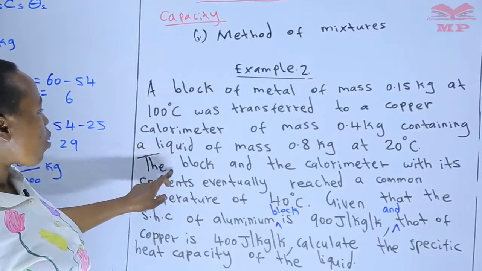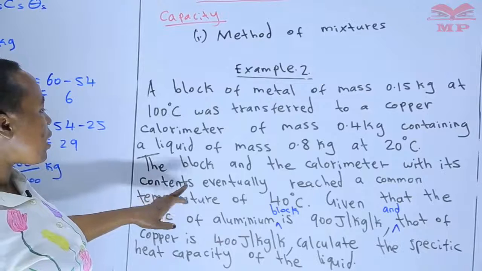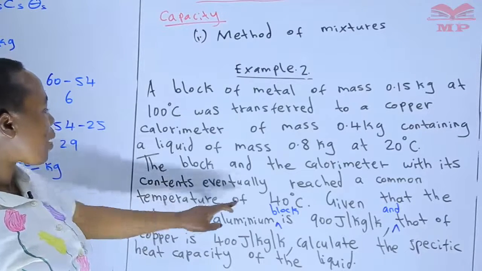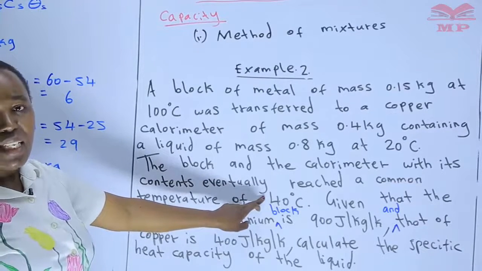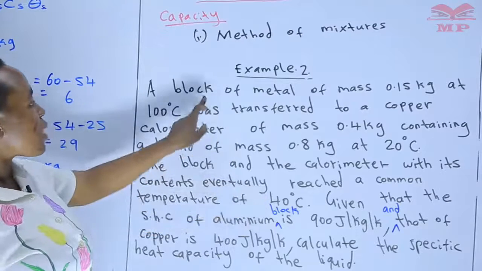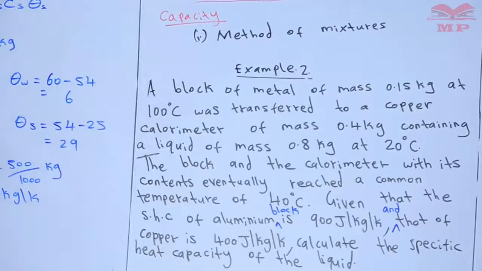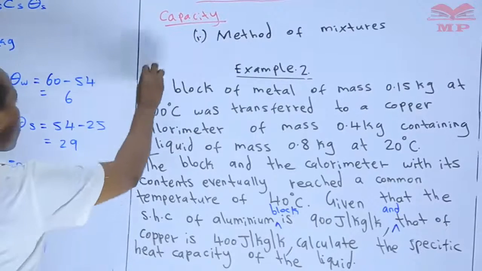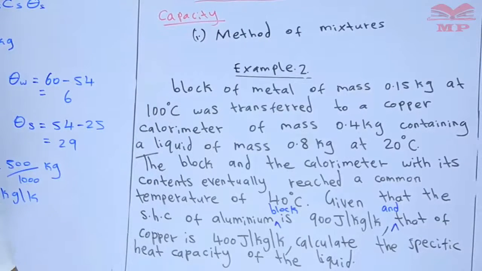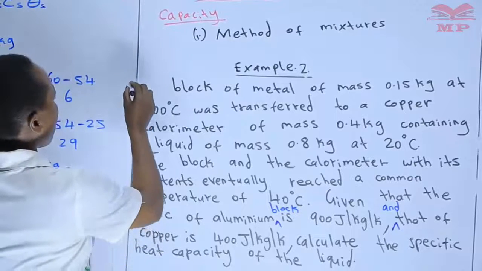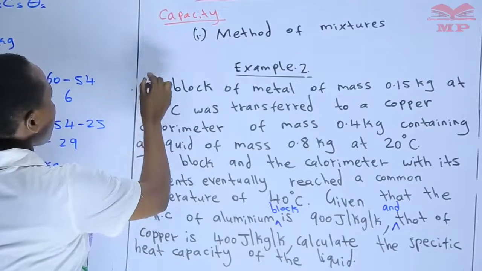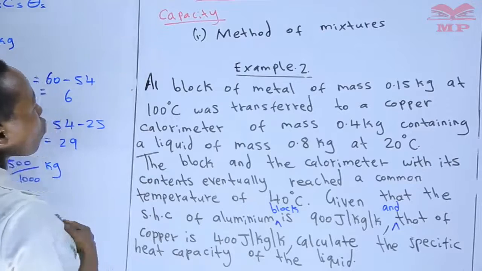And we are told that the block and the calorimeter with its content eventually reached a common temperature of 40 degrees Celsius. So you can see this block is actually an aluminium block. You can use the symbols Al, aluminium block of metal.